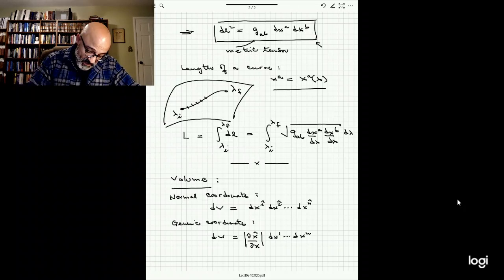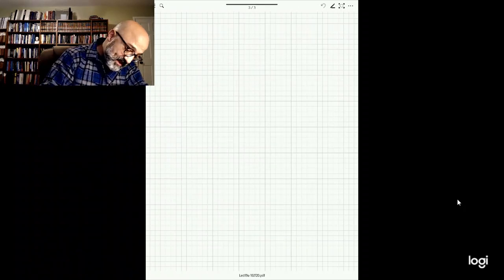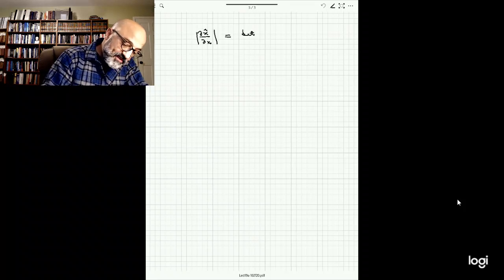That's what we have to figure out. And this Jacobian is the determinant of the matrix. Let me write it twice.